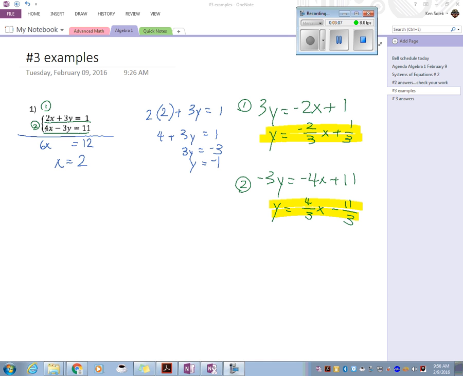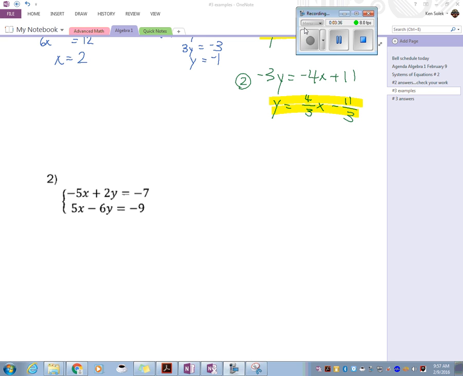I can calculate the intersection by going through this process, and you see that the intersection is 2, negative 1. So checking your work with each problem is certainly something that's possible. All right. Let's take a look at number 2.